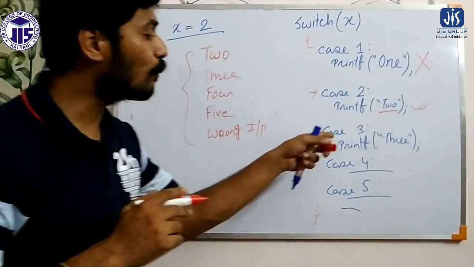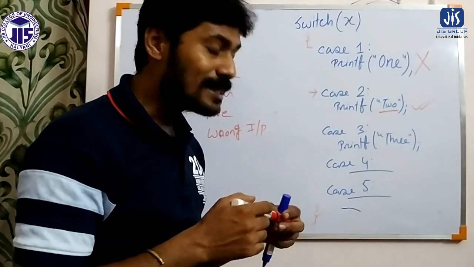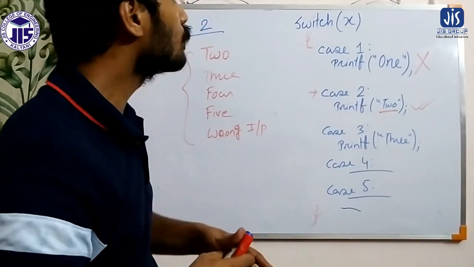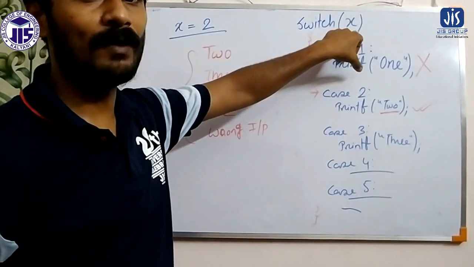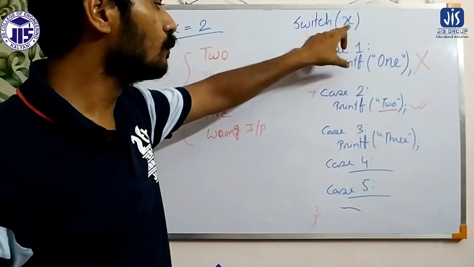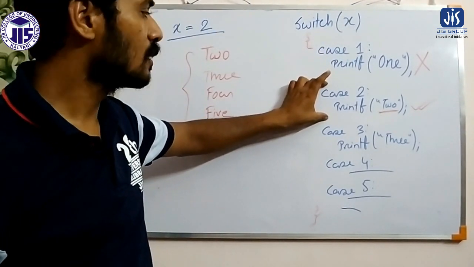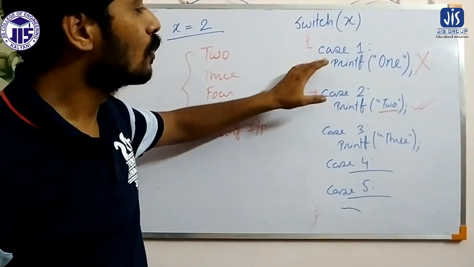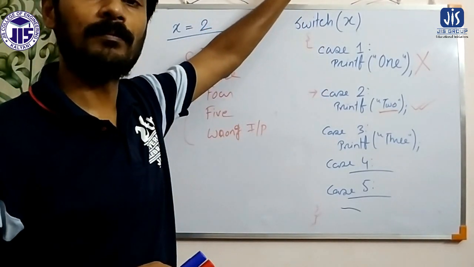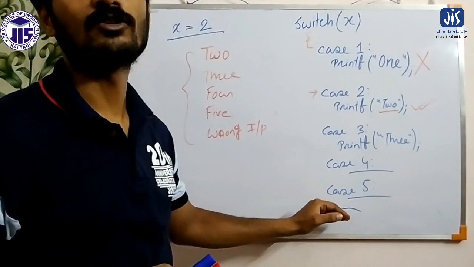It cannot skip all other cases. Okay. So basically, depending on the variable value, it will select a particular case. Here case 2 is selected. The previous cases it will skip, but the following cases it cannot skip.